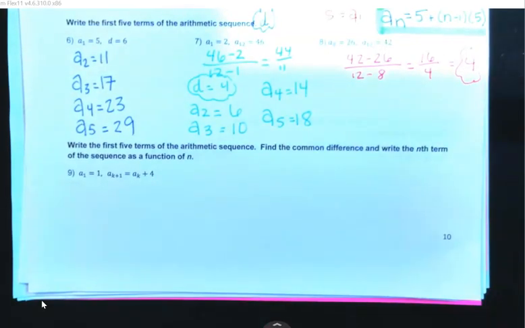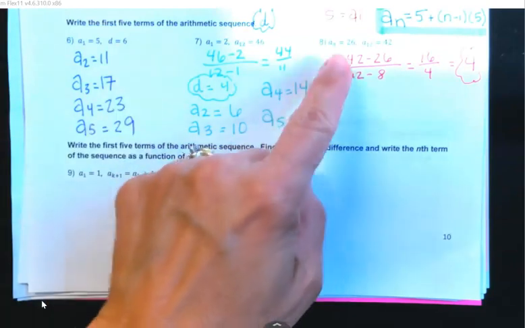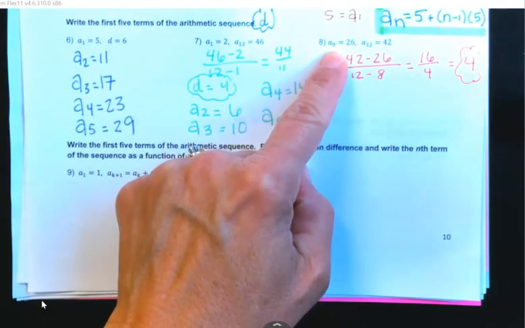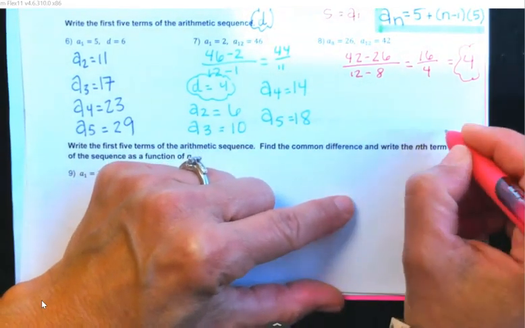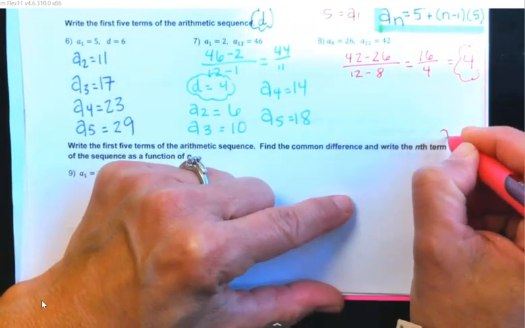Now, I could, if I wanted, use this formula to find the answers, or this formula to find the answers. But remember, we have to find the first 5 terms. And term number 5 is only 3 places away from term 8. So I'm working backwards. I'm going to find extra stuff, but it's okay.